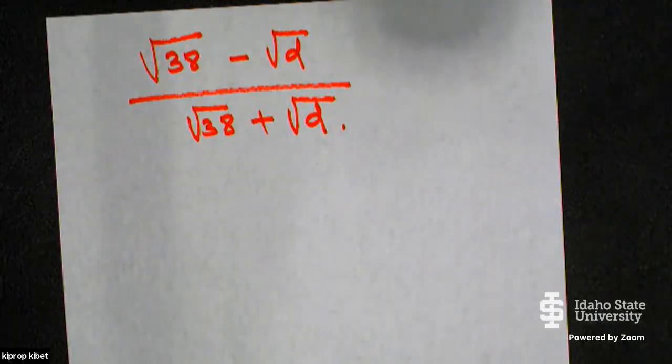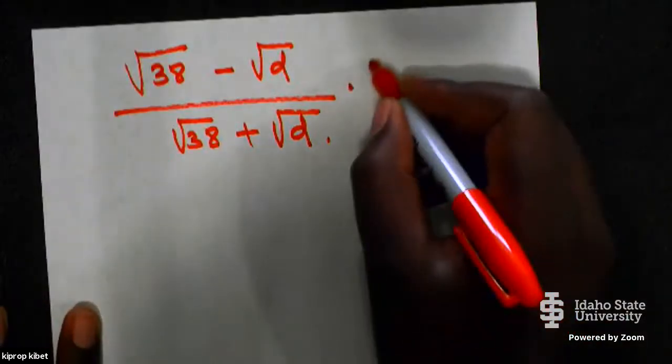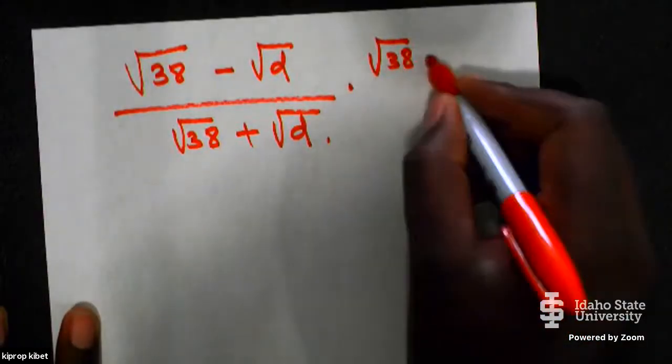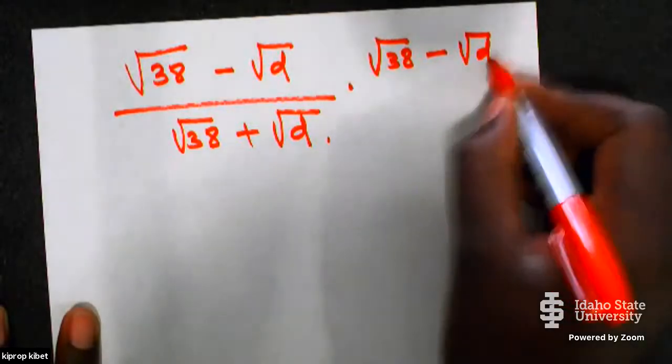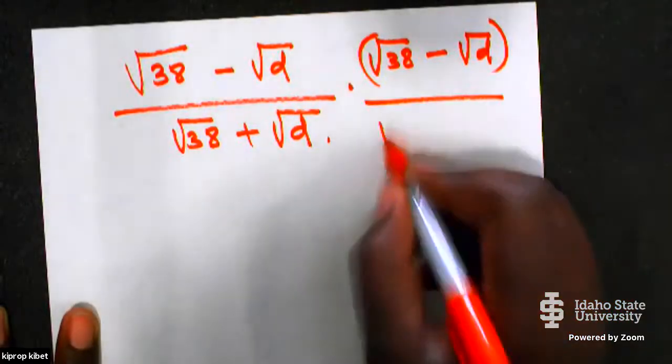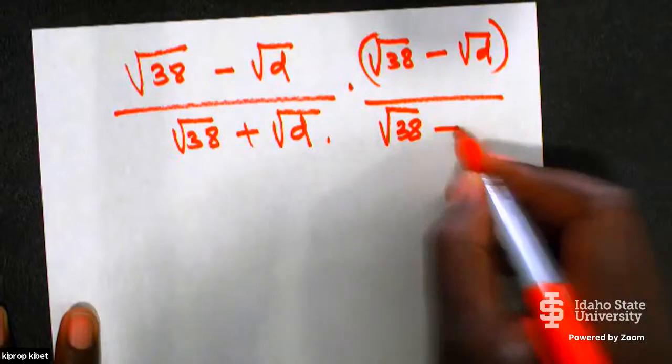So again, multiply by the conjugate of the denominator. So you multiply by the root of 38 minus the root of d all over the root of 38 minus the root of d.